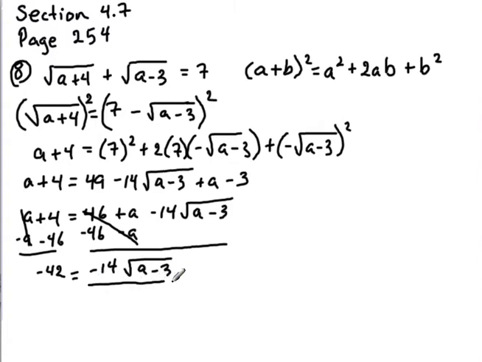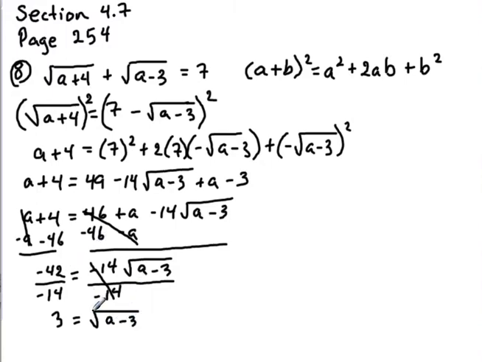Alright, let's now divide both sides by this negative 14 that's in front of the radical. Negative 42 divided by negative 14 is a positive 3. These negative 14s cancel each other out. I'm left with radical a minus 3.